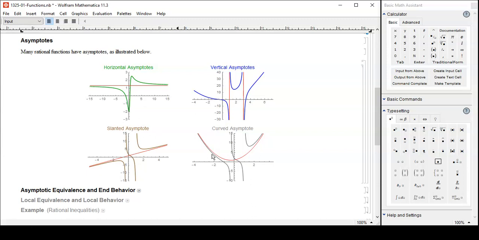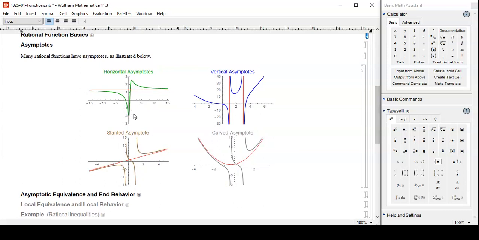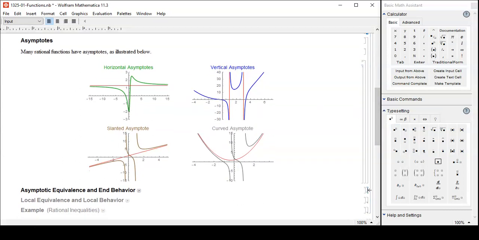Slanted asymptote and curved asymptote, yes, to a certain degree we can explain, but something more sophisticated is necessary to get a more precise result. But horizontal asymptote, we can visualize through asymptotic equivalence only.